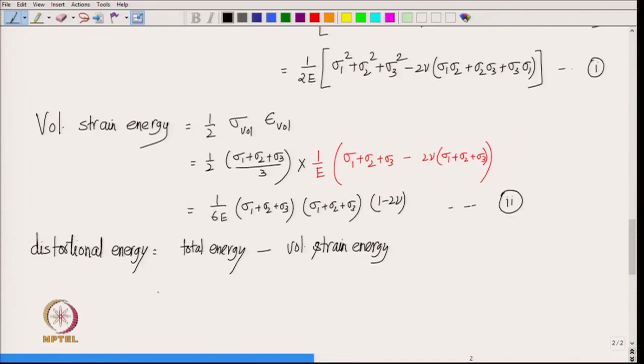So, upon subtracting, we simply obtain 1 plus nu divided by 3E into sigma 1 square plus sigma 2 square plus sigma 3 square minus sigma 1 sigma 2 minus sigma 2 sigma 3 minus sigma 3 sigma 1. Okay.